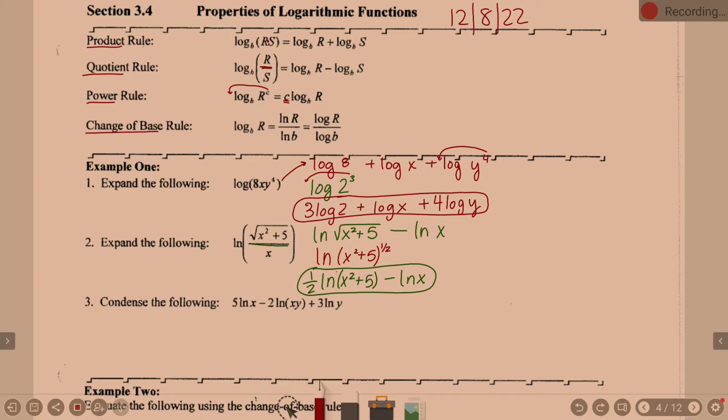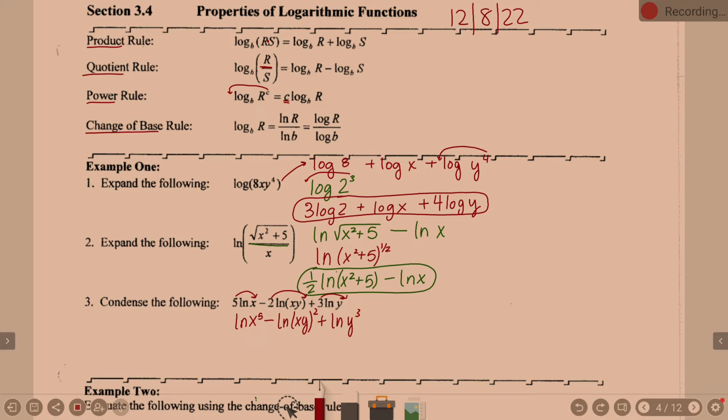So 5 natural log of x becomes natural log of x to the 5th, minus natural log of xy quantity squared, plus natural log of y cubed.